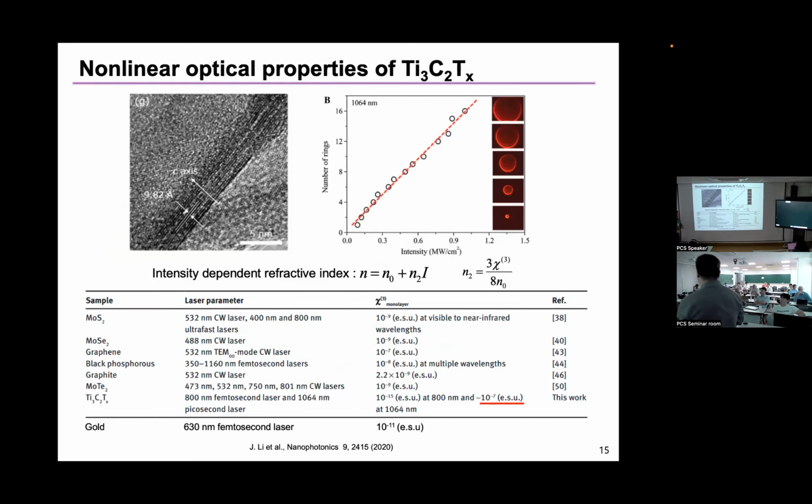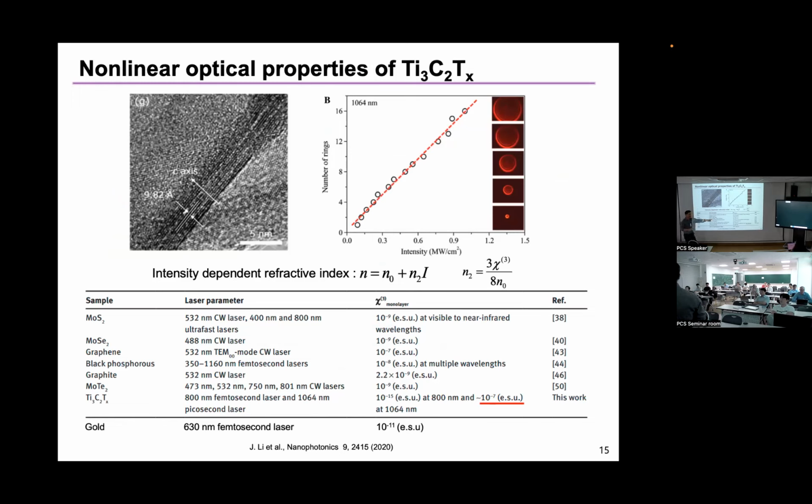The other interesting optical property of MXene, in this case we use the titanium carbide Ti3C2Tx. Tx is the surface group, Ti is the early transition metal, and carbon we used. The other optical property of MXene is the very high nonlinear coefficient.